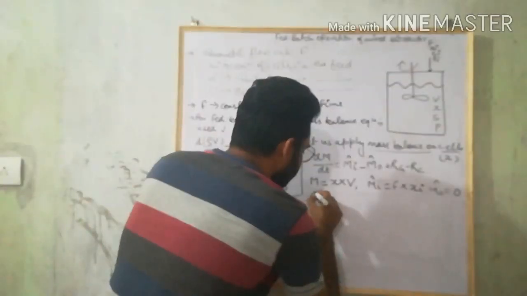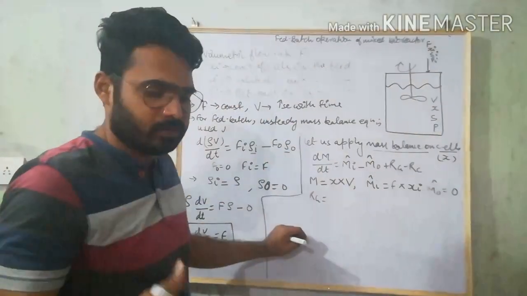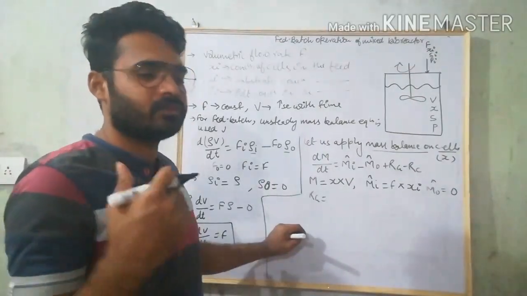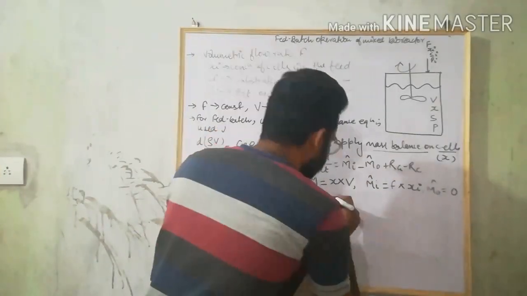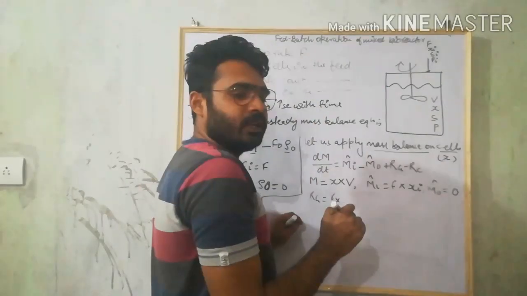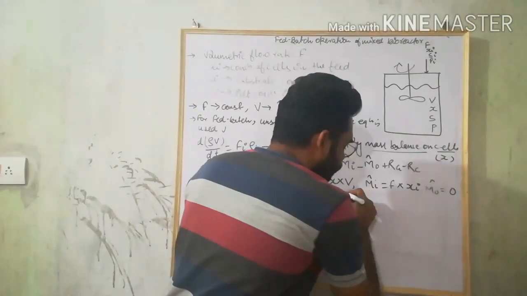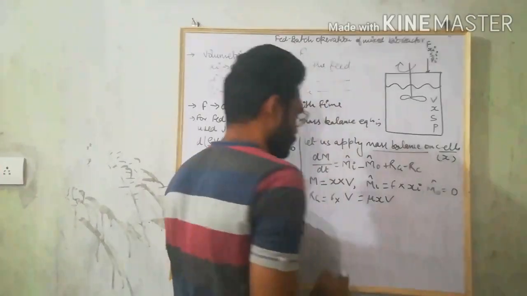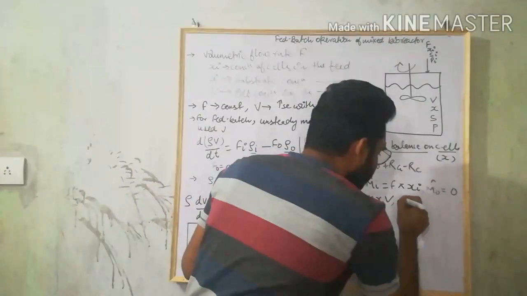What will be the rate of generation? Cells are being multiplied, the number is increasing, biomass is increasing, so the rate of generation of the cells will be equal to the volumetric rate of cell growth multiplied by the reactor volume, the liquid volume. So we'll have mu x V. Rx is equal to mu x V, right?